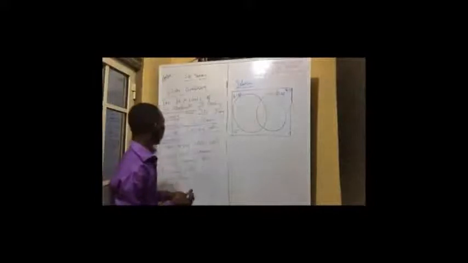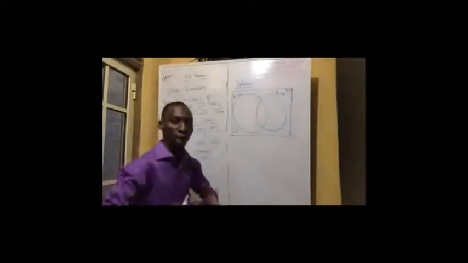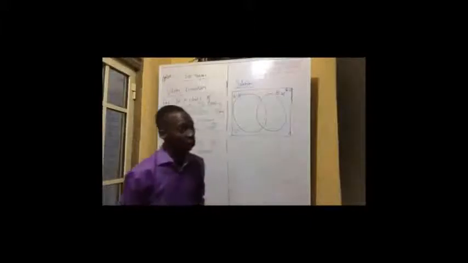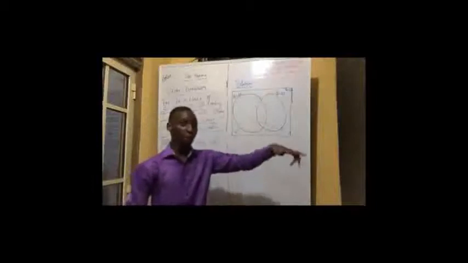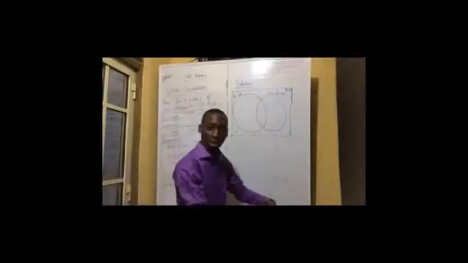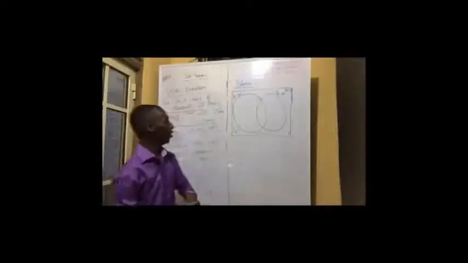So how many students take these two subjects? Now you must know that when I say a student studies biology, it does not simply mean that student did not do economics. I am only telling you that this person studies biology. But there is a difference between studying biology and studying biology only. What's the difference?